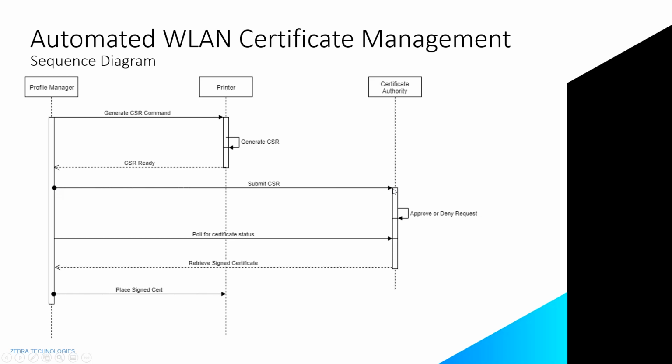At this point, the CSR is just like any other CSR you send to a CA. It has to be approved or denied. We generally recommend that you have a CA configuration for auto approving, but we realize that might not always be possible with different customers. So PPME also has the ability to poll for the certificate status over a long period of time until that certificate is either approved or denied.